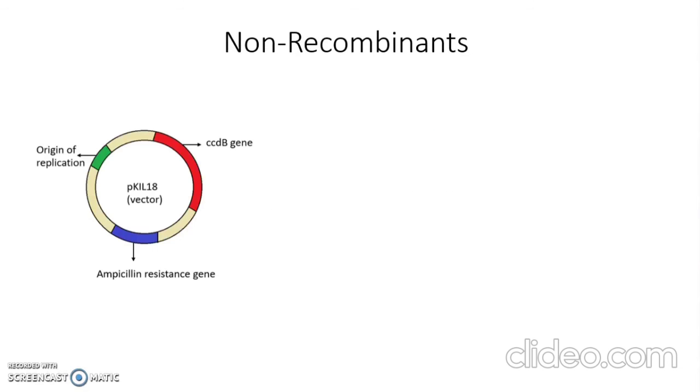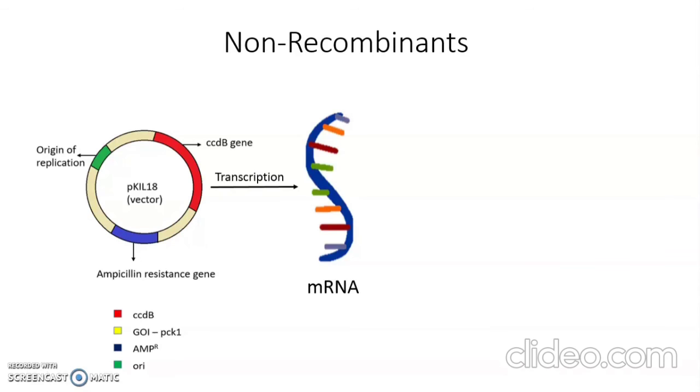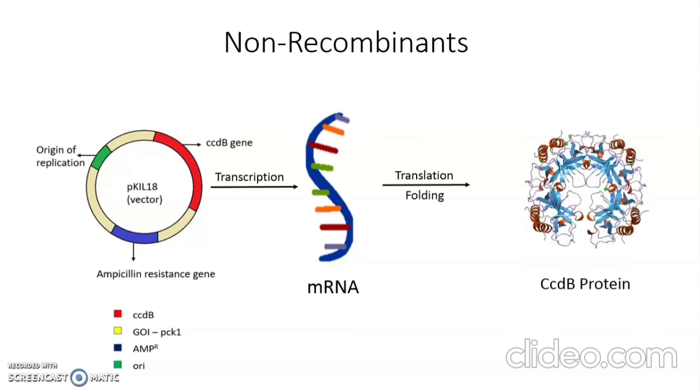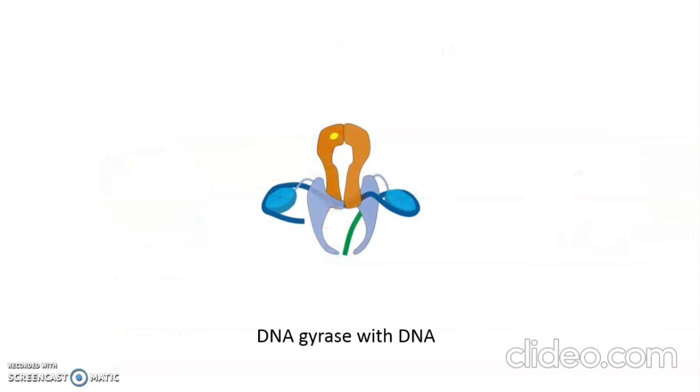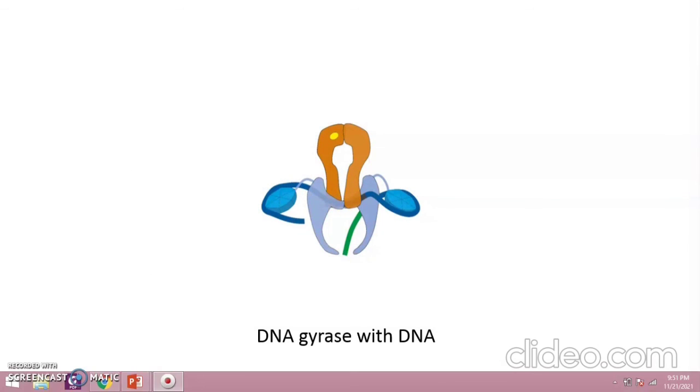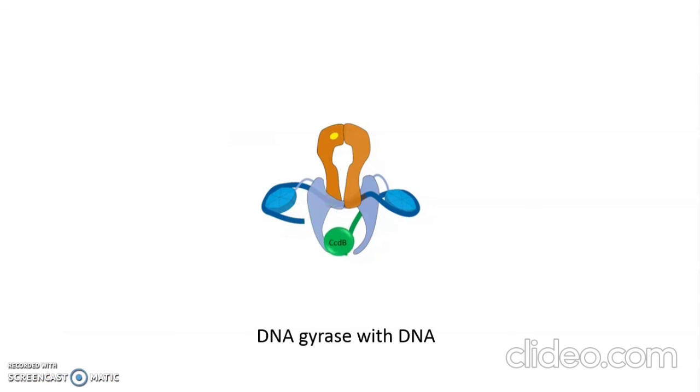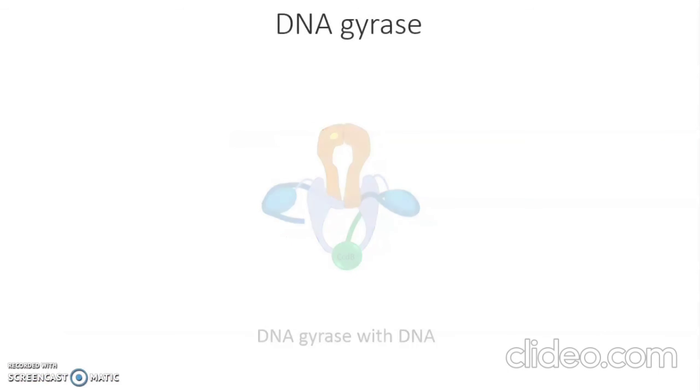For the second level of selection, in the host containing the non-recombinant plasmid, the ccdB gene gets expressed via transcription into mRNA, then translation into an amino acid peptide. The peptide gets folded into the CcdB protein, which is a cell-killing protein and is a potent poison of the bacterial gyrase. Gyrase is an essential bacterial enzyme that catalyzes the ATP-dependent negative supercoiling of double-stranded closed circular DNA.